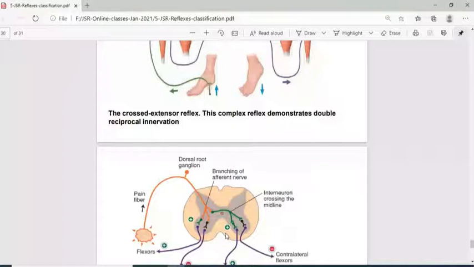After doing this much, we ask the patient to cooperate and we ask the patient to look in the other direction. And then, for example, if we are doing the knee reflex, we ask the patient to be seated with a crossed leg, and then we feel for the patellar tendon.